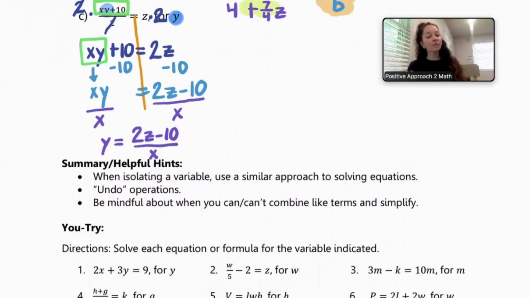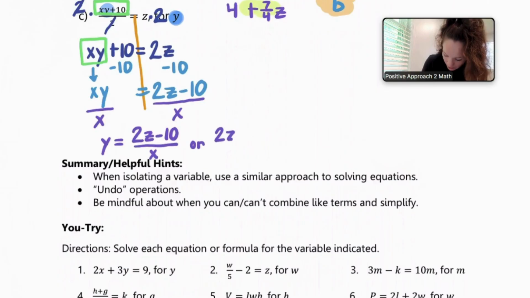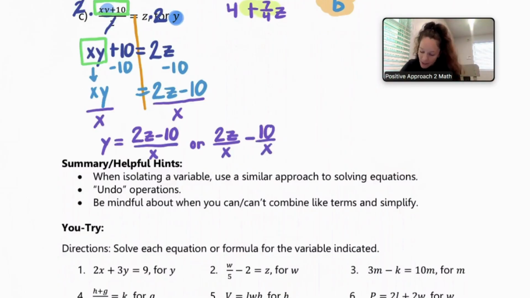Now, it would not be wrong to write this as 2 separate terms: 2z over x minus 10 over x. But leaving it like this would be an acceptable answer because that division of x doesn't allow me to simplify anything in the numerator. 2z over x will not simplify, and negative 10 over x will not simplify. So I would accept that as one term there.